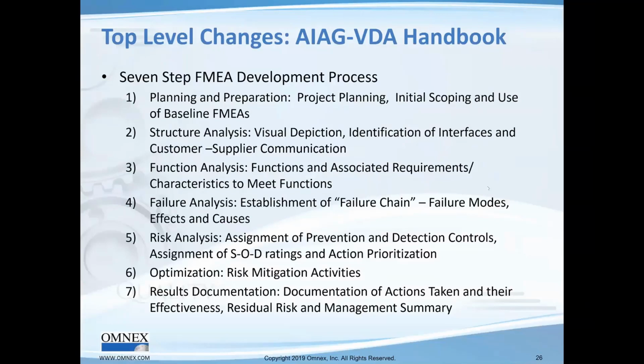So here you see in step 1, the project planning, the 5 T's, and then the very important thought of something called a baseline FMEA. The Americans called it a family FMEAs, and really happy that the AIAG VDA handbook really pushes this whole idea of baselines and design reuse coming out of it.